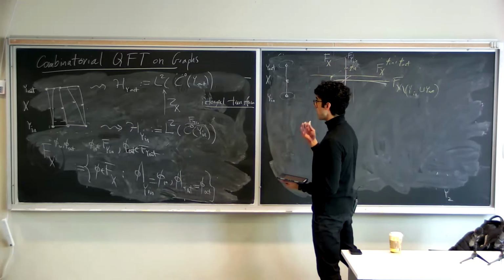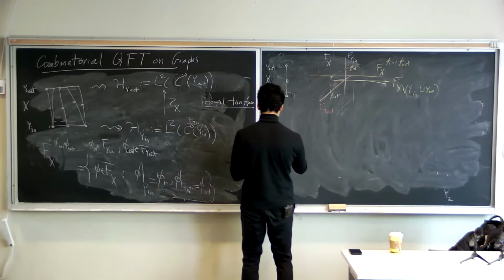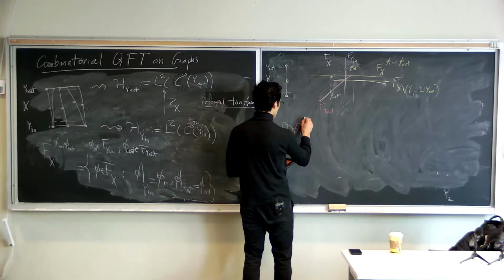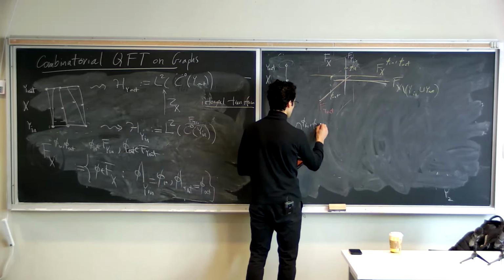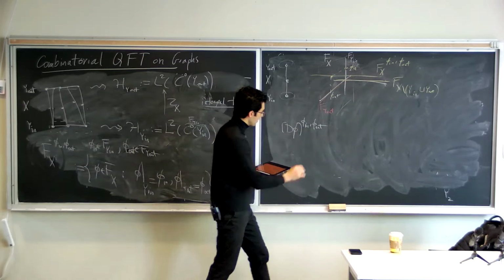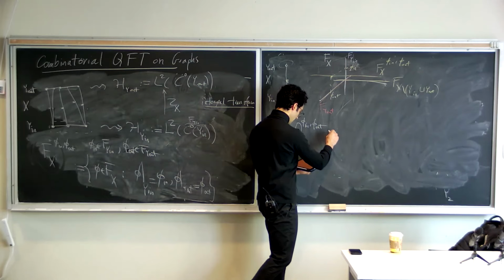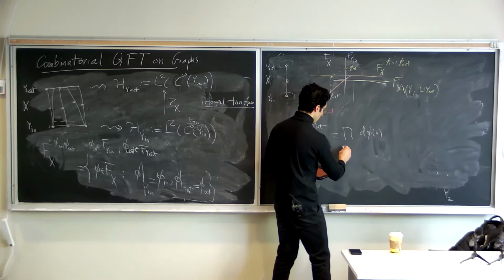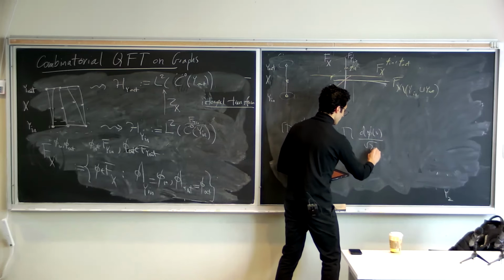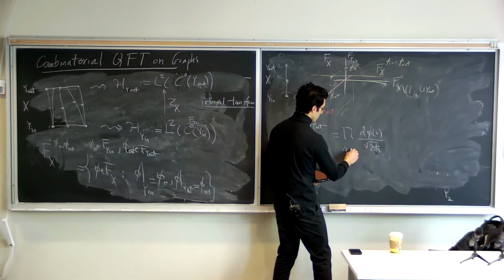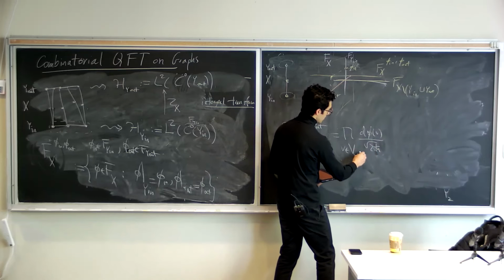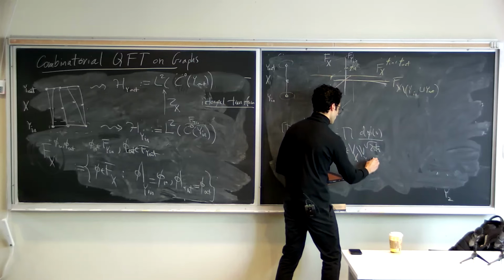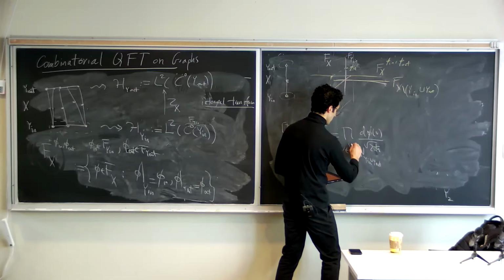And I would like to also have a measure on this space, and we'll denote that measure by this thing. This is going to be used throughout the talk. As we denoted things previously, v is in V_X minus V_Y_in union Y_out.